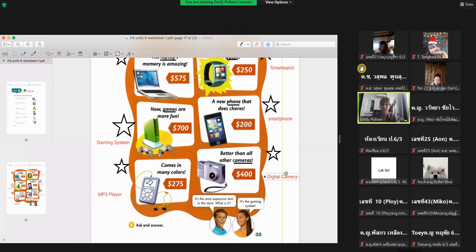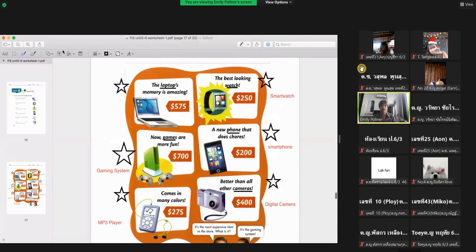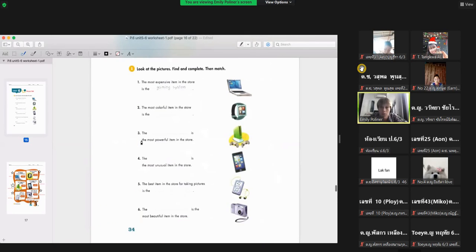Okay, digital camera. So those are all of our devices and their names, right? We have our laptop, our smartwatch, our gaming system, our smartphone, our MP3 player, and our digital camera. Very good.